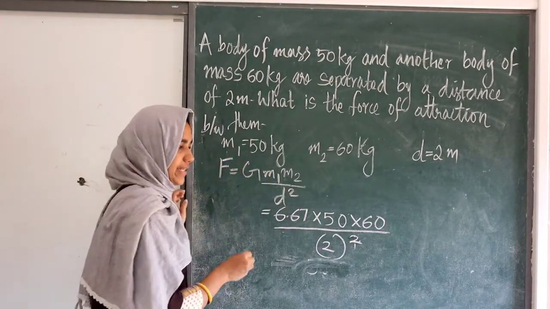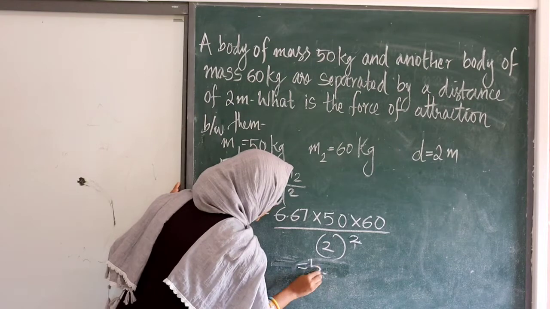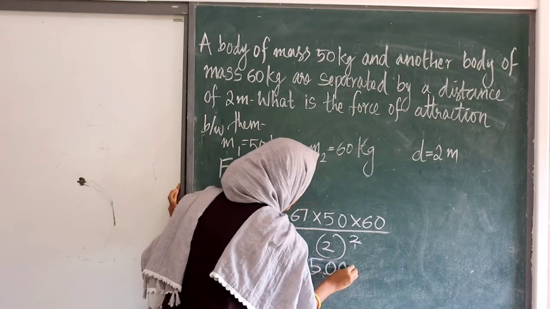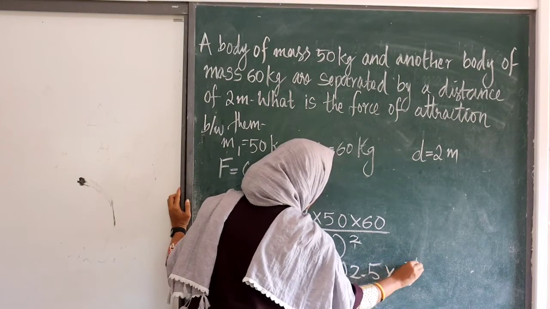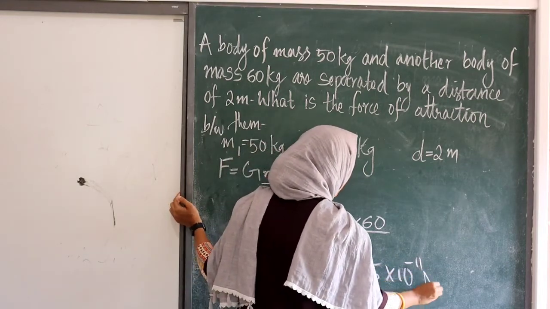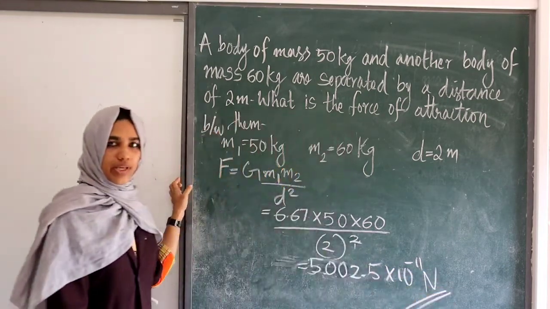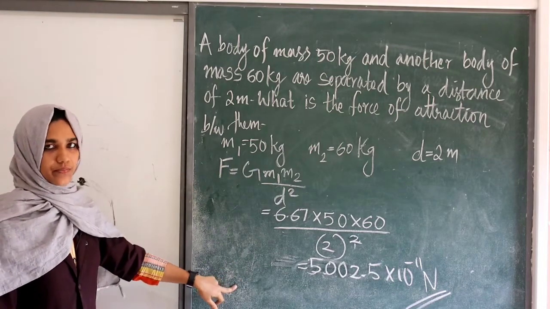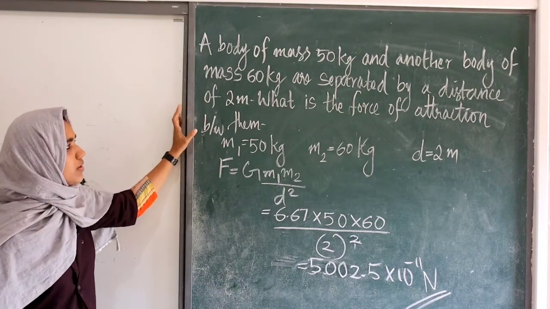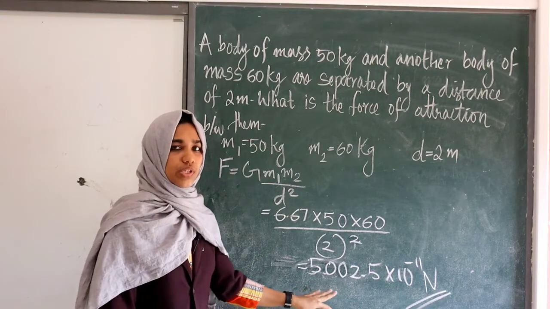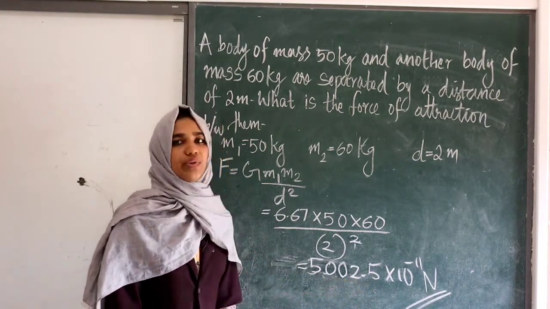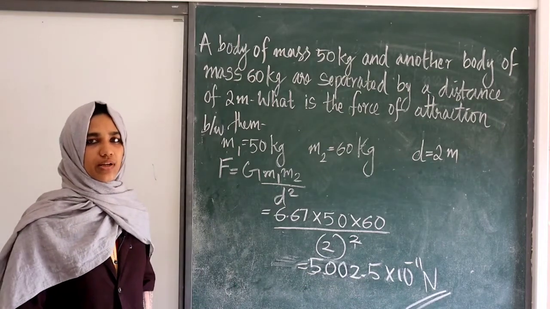We will get 5002.5 into 10 raised to minus 11 Newton. So this is the answer. Here the force of attraction between them is 5002.5 into 10 raised to minus 11 Newton.